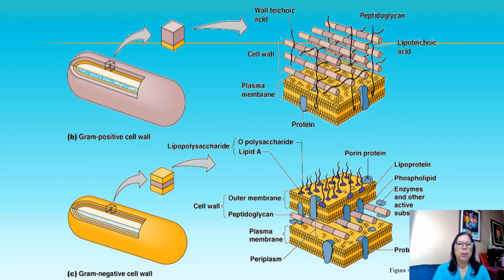So again, you have here the illustration for gram-positive and gram-negative. You have there the teichoic acid showing the pink color at the outside part, whereas for the gram-negative, the dye was absorbed here because of the absence of the wall of teichoic acid.